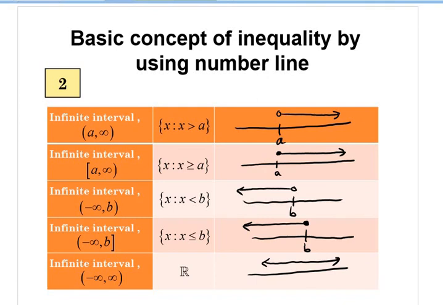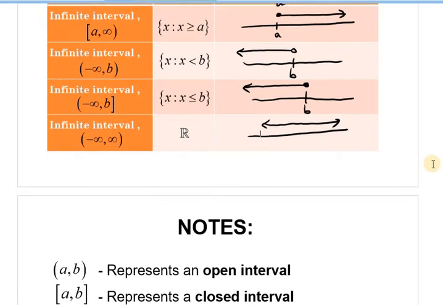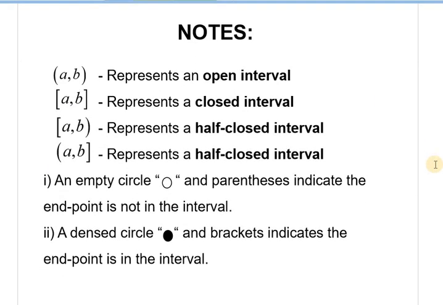Okay, let's take a look at a few notes. These are the notes that we discussed just now. A to B represents an open interval since A is not included, B is not included. And then we have A to B representing a closed interval, where both are included.